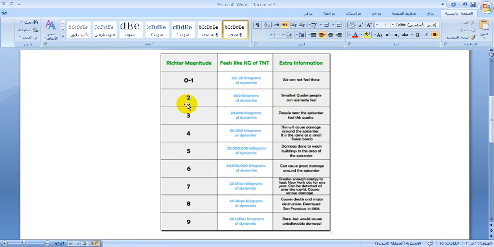We feel this number, but as the smallest quake.